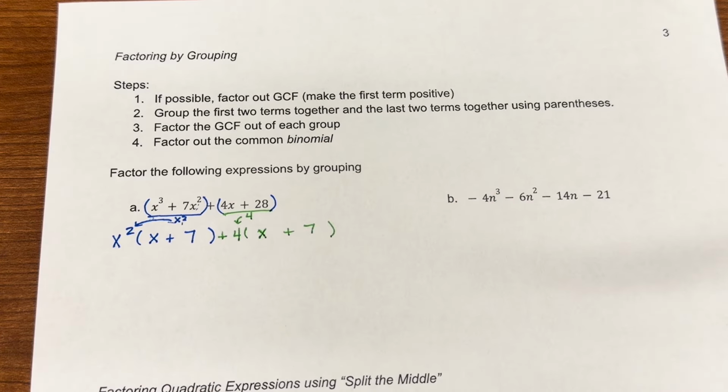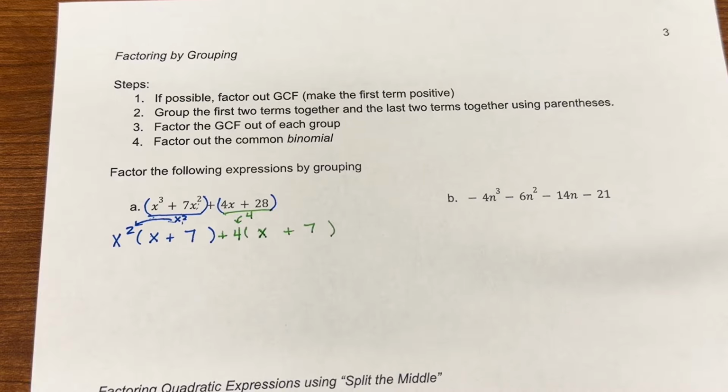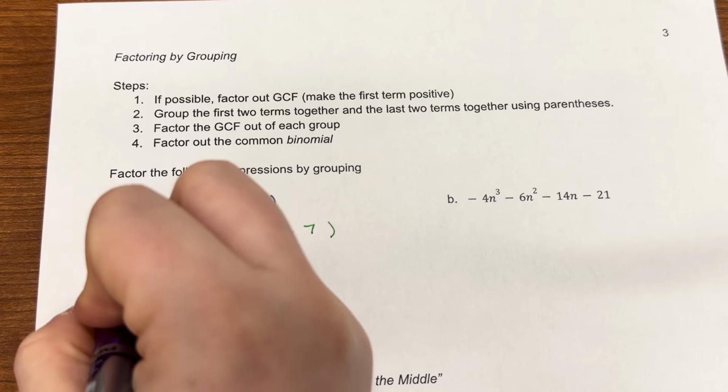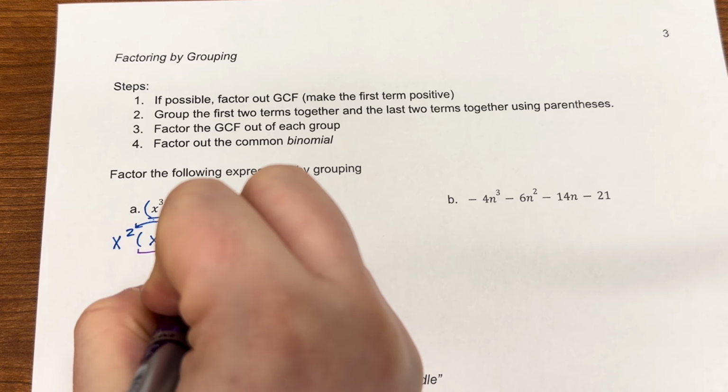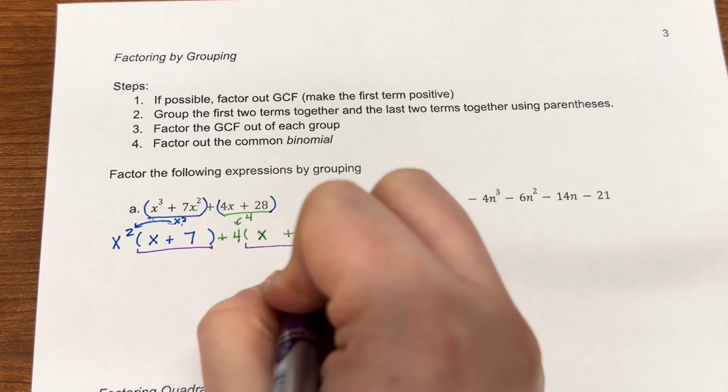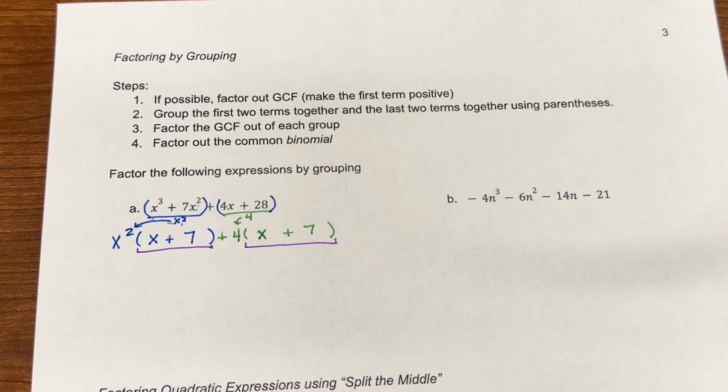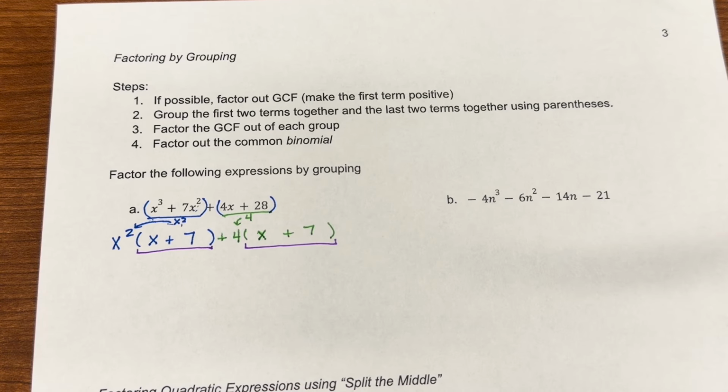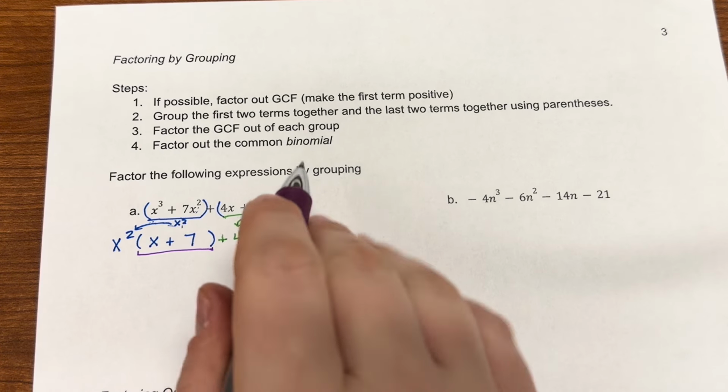All right, and now we know that we've done this correctly. We know that we were able to factor by grouping if when we get to this point, we have the same thing inside of these parentheses. We have the x plus 7 inside both of these parentheses. So this is our common binomial.